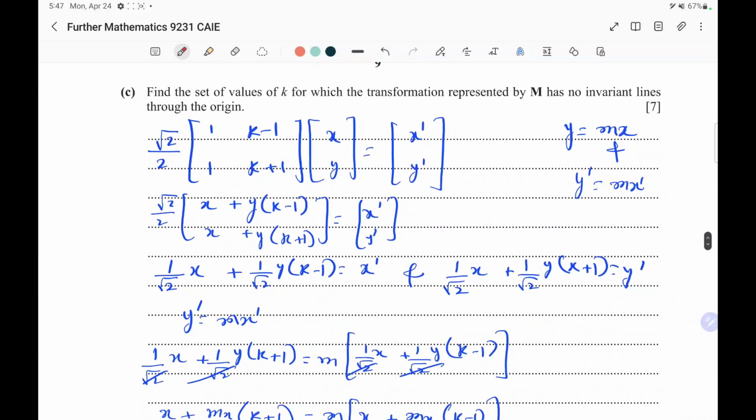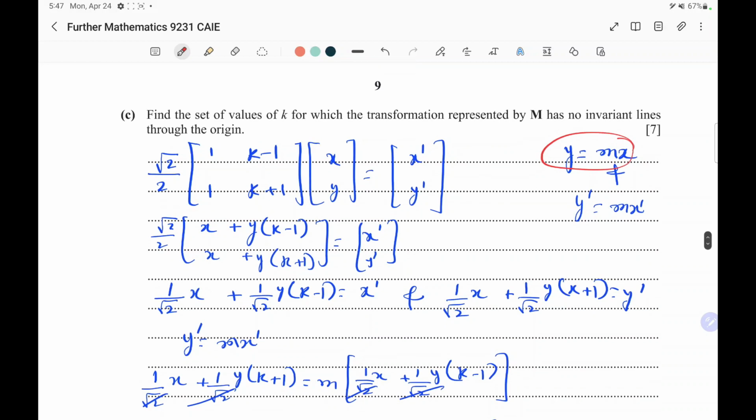Now C part: find the set of values of k for which the transformation represented by M has no invariant lines through the origin. Through the origin the line is y equals mx. This matrix is multiplied by the vector x, y, and the image is x dash, y dash, but we know that x dash, y dash and x, y should be the same for the invariant.